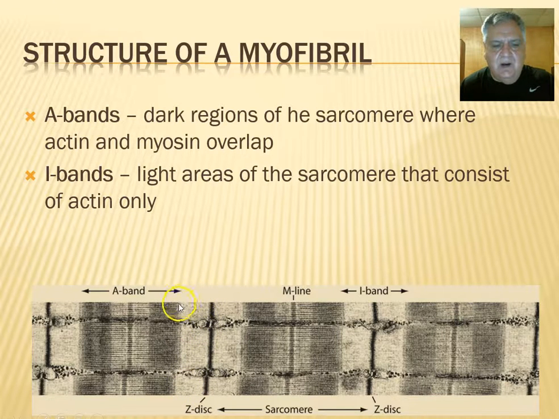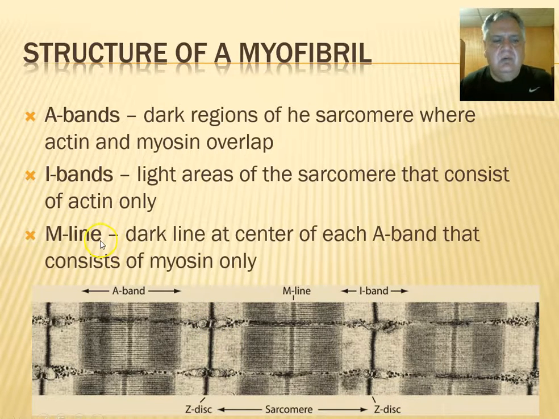So this is an area from here to here that's referred to as the I band. So we have alternating dark A band, then a light I band, then a dark A band, then a light I band, and this gives us our kind of cross-banded nature that we see in both skeletal and cardiac muscle tissue.